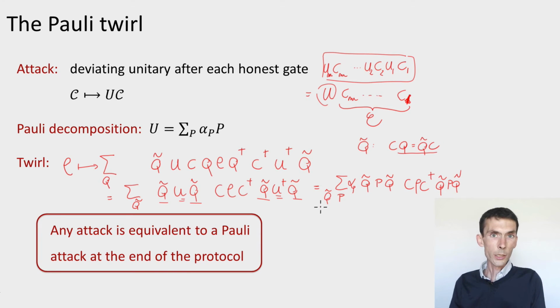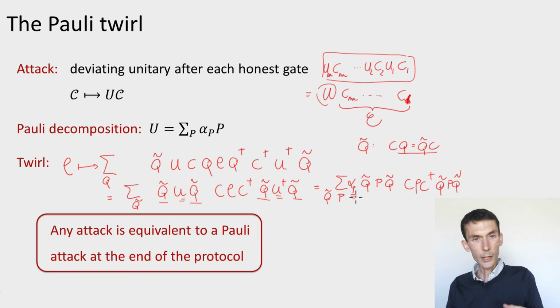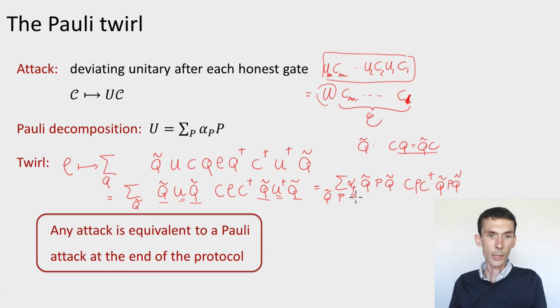So this is an equality that you have to verify, but you verify it by expanding a unitary U in the Pauli basis and seeing what happens. And basically what this means is that these non-negative coefficients, they're like a convex combination, and so we're just saying that an arbitrary attack of the prover due to the use of the quantum one-time pad reduces to a convex combination of Pauli attacks. That's great because now we only have to understand what the effect of Pauli attacks is.